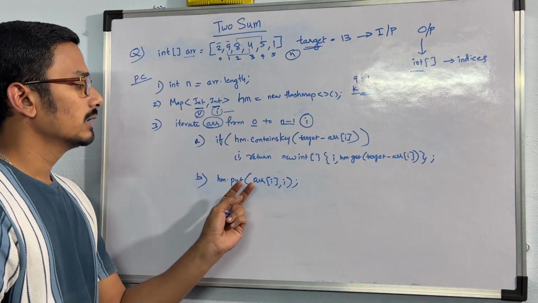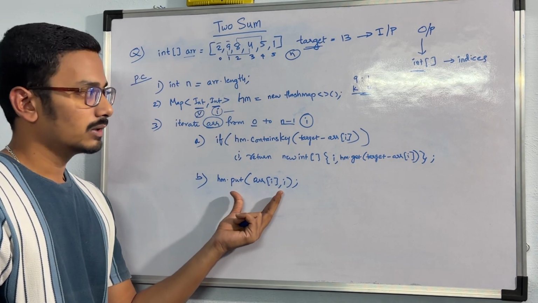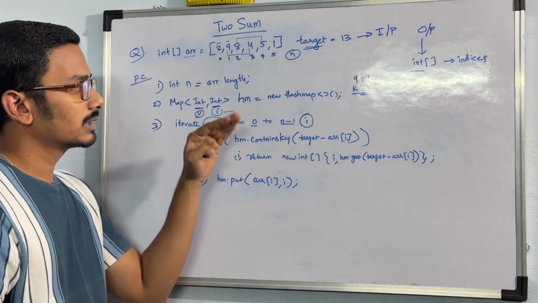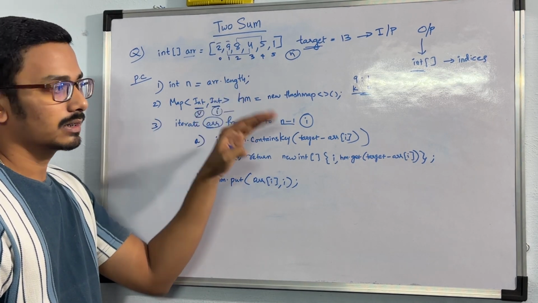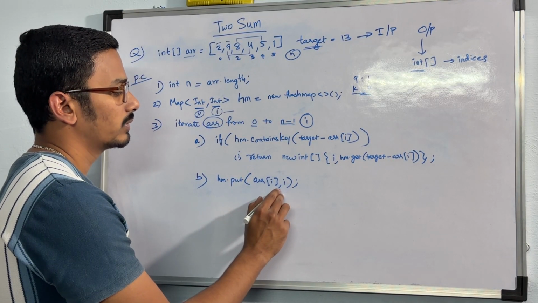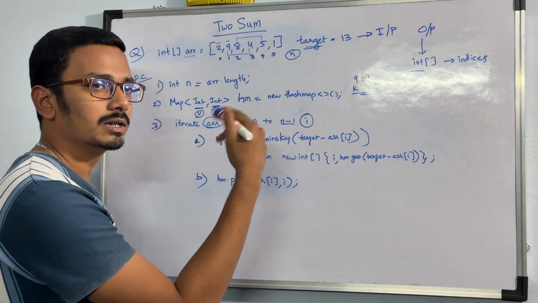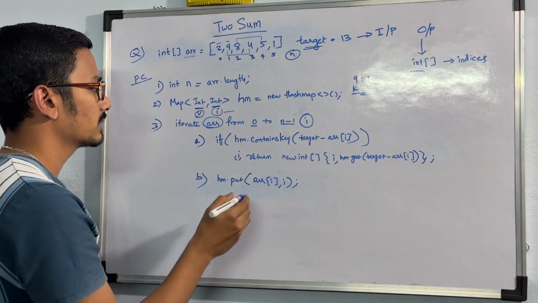That's what we are doing, because only if we keep this in the map can we track each and every element. Only if we put this in the map will we be able to check this condition later in the next steps.